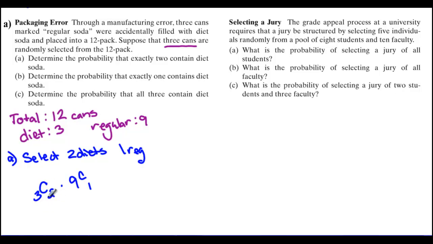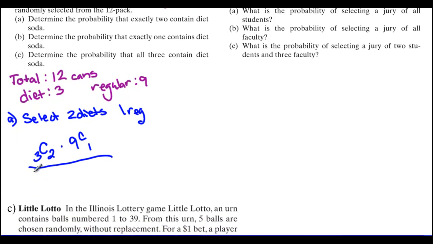This is the number of ways to choose those 2 diets, and this is the number of ways to choose the 1 regular. And then we're going to divide that by the total number of ways to select 3 cans out of the 12. So that's going to be 12 choose 3. And this will give us the probability. The things to make a note of here: this 3 and this 9 are going to total up to this 12, and this 2 and this 1 are going to total up to this 3.